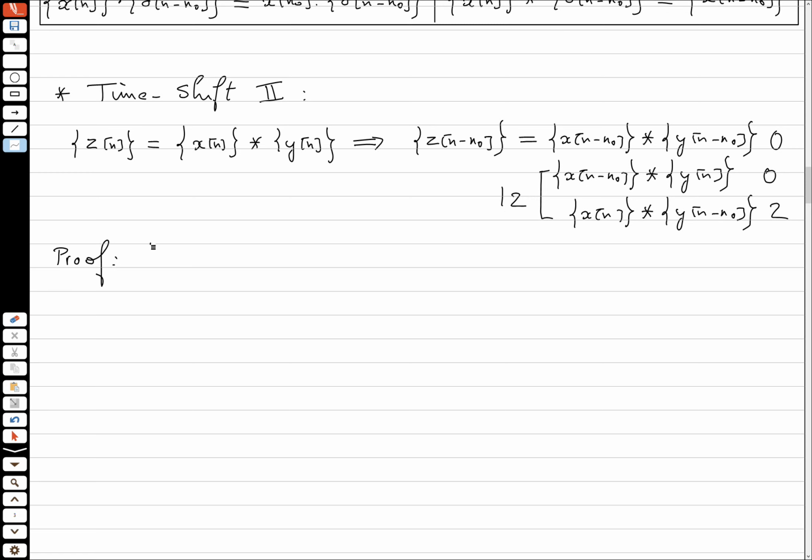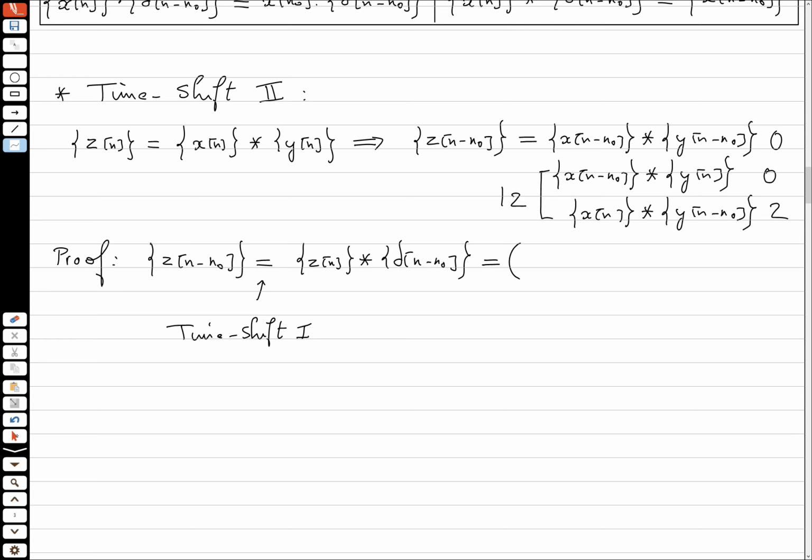We know from time shift 1 that this is the same thing as z of n convolved with delta of n minus n naught.